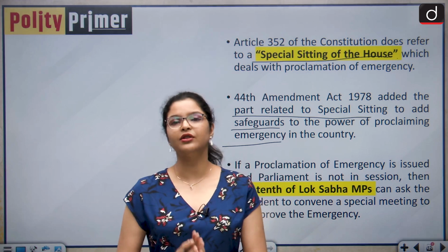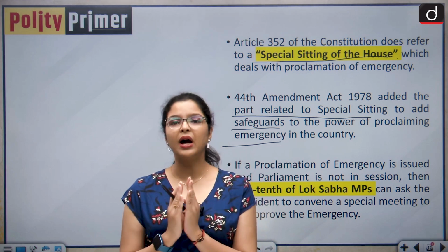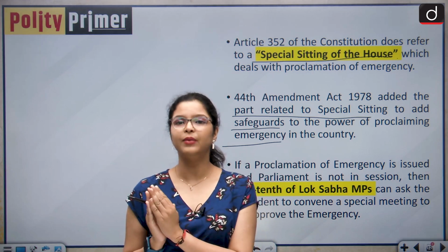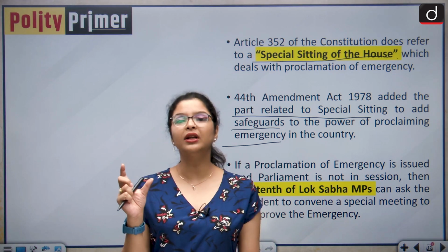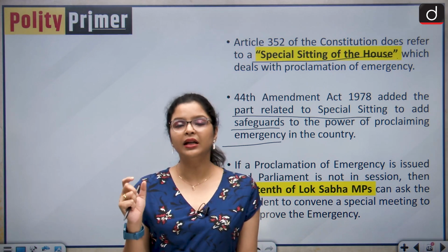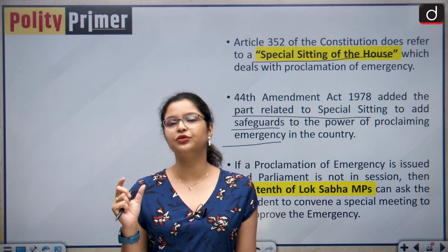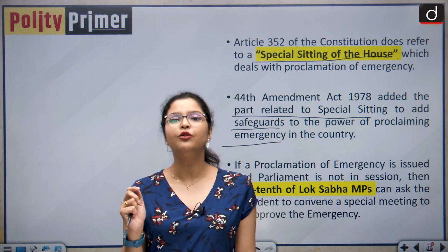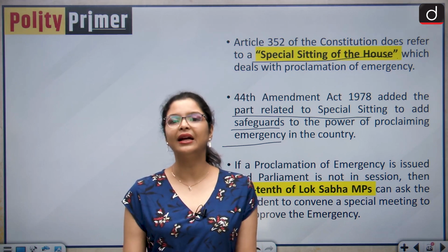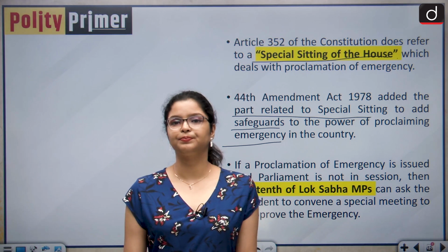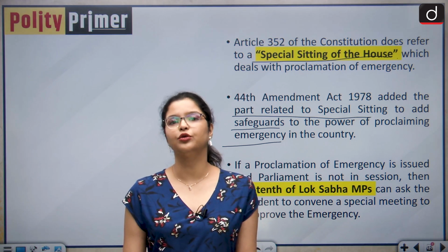So this is what I was explaining, that this power has been misused in the past, and that is why this important safeguard regarding calling of the special sitting of the house has been laid by the 44th Constitutional Amendment Act in Article 352 of our Indian Constitution.